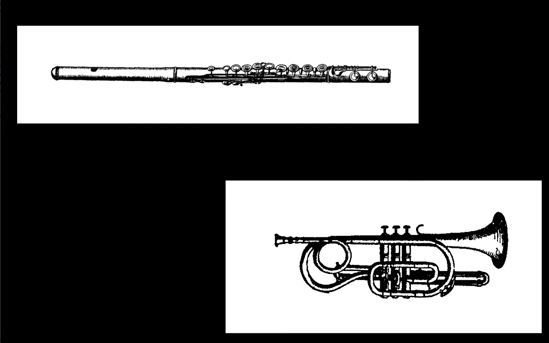So the question is, why do these things differ? Well, one way to look at this is to look at the actual waveforms that are created by the trumpet and the flute.